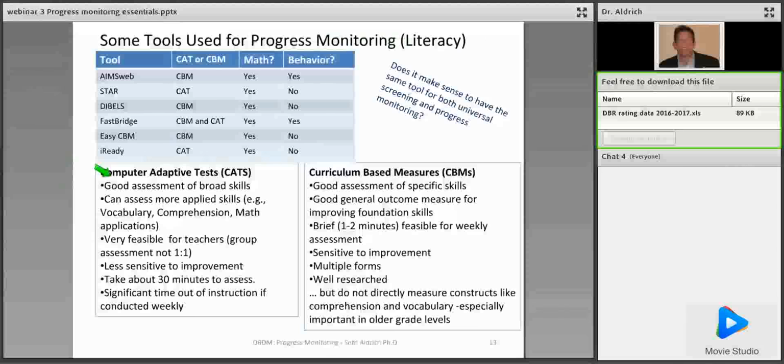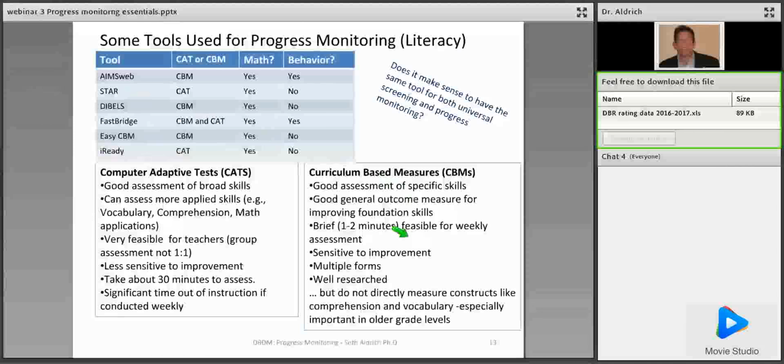But typically, we've got tools that are computer adaptive tests. Those are tests where the student goes onto the computer. Some examples of these computer adaptive tests are STAR, FastBridge, Easy CBM, iReady. NWEA would be another computer adaptive test.